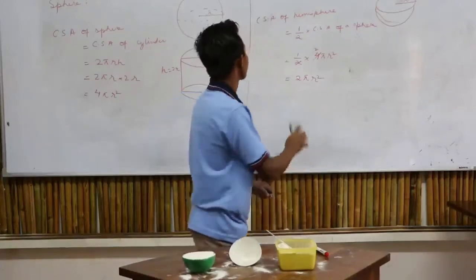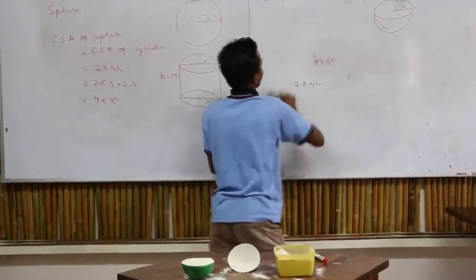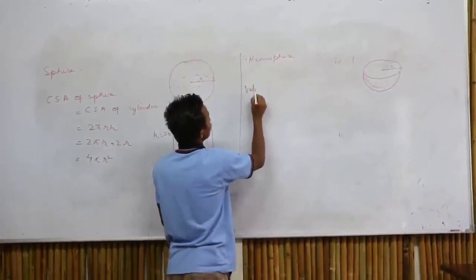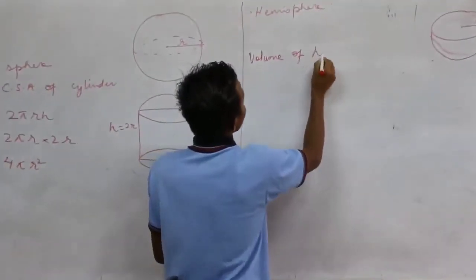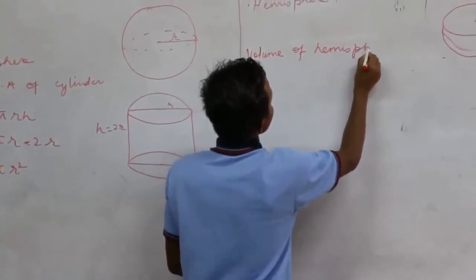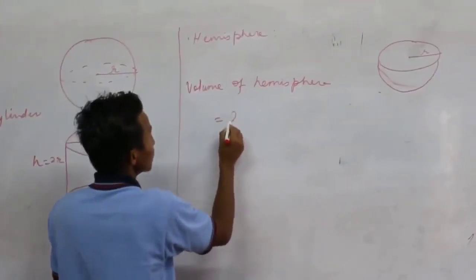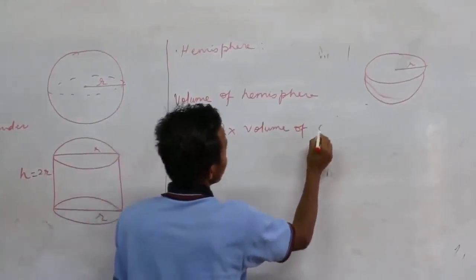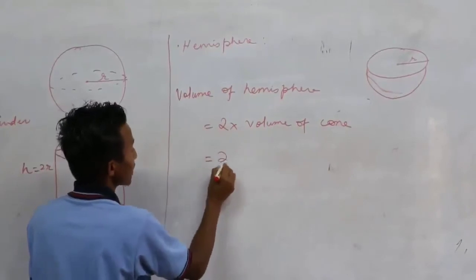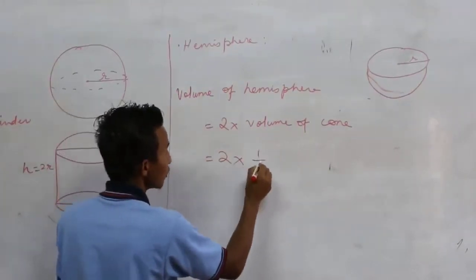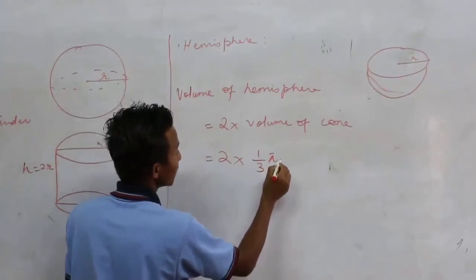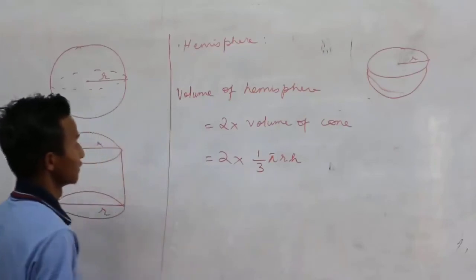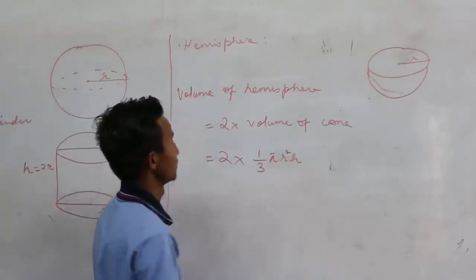So now, from the activity we get that the volume of a hemisphere is equal to twice the volume of a cone. But we know the volume of a cone, it is 1 by 3 pi r square h, right?